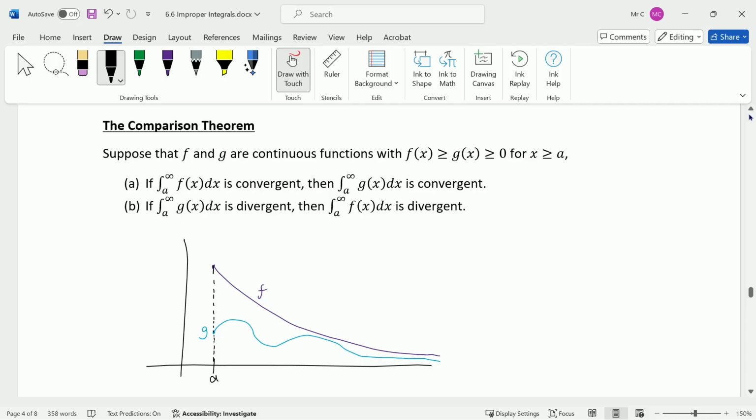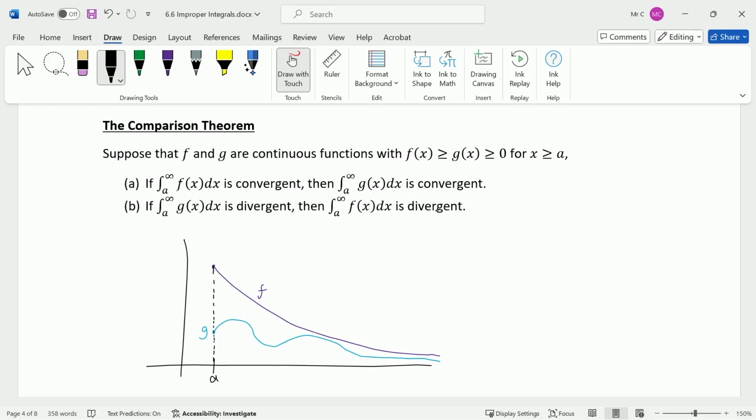It says, suppose that f and g are continuous functions, with f of x being greater than or equal to g of x, which is positive for all x greater than or equal to a. Then if the integral from a to infinity of f of x dx is convergent, then the integral from a to infinity of g of x dx is convergent. And if the integral from a to infinity of g of x dx is divergent, then the integral from a to infinity of f of x dx is divergent.